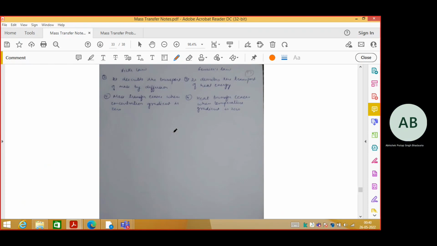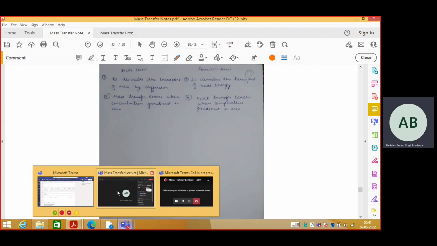These are also formula based, so some related numericals on these dimensionless numbers also need to be solved. That's all from my side.